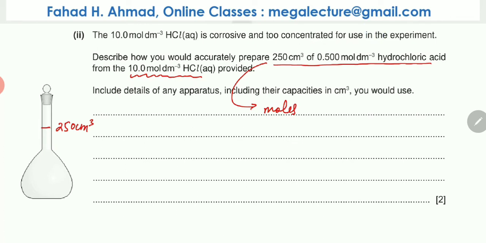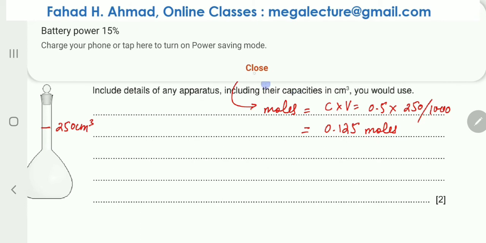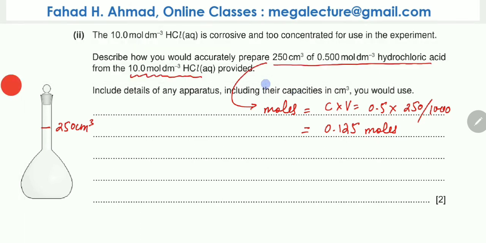The volume is given and the concentration is given, so moles is concentration multiplied by volume. We're going to do just that. The concentration provided is 0.5 and the volume provided is 250 cm cube, which should be converted into dm cube. And the answer that I'm getting is 0.125 moles of HCl that are needed.